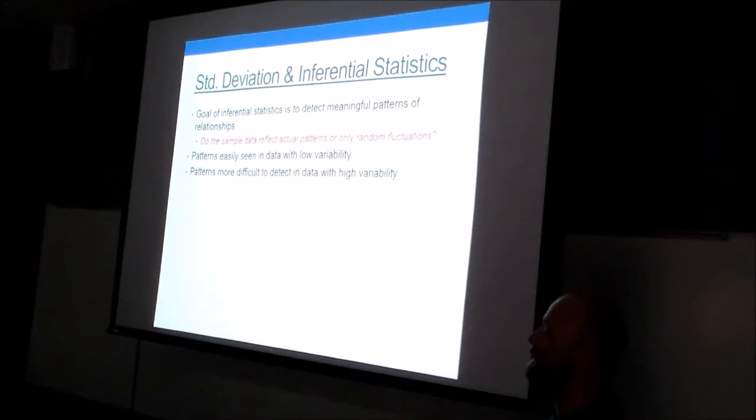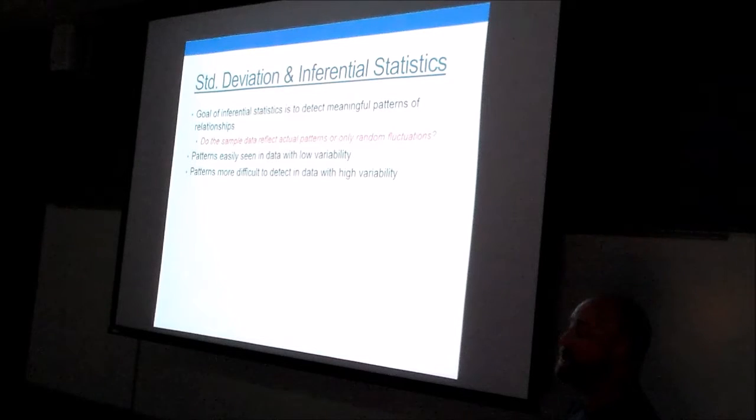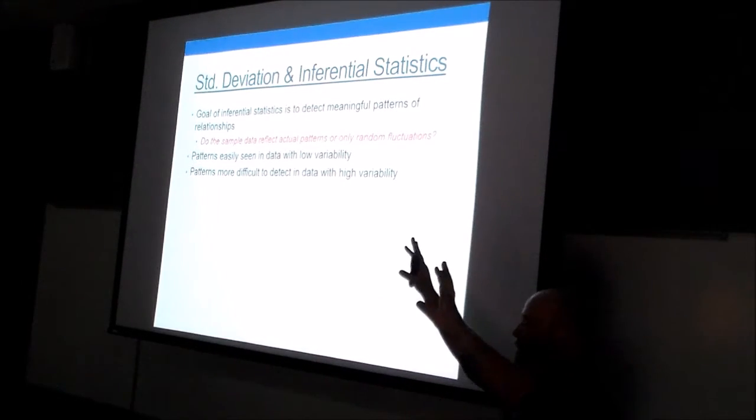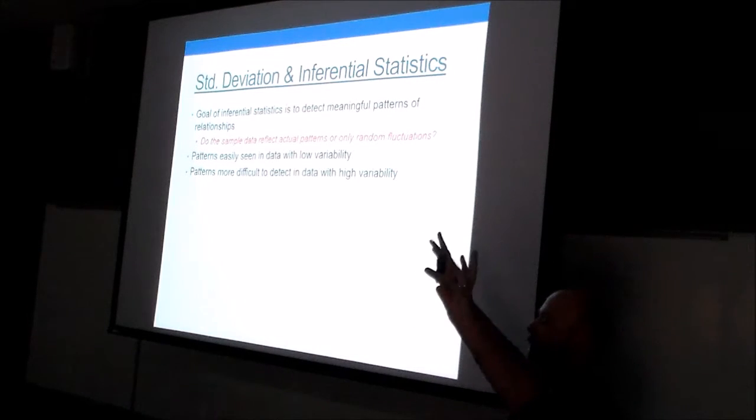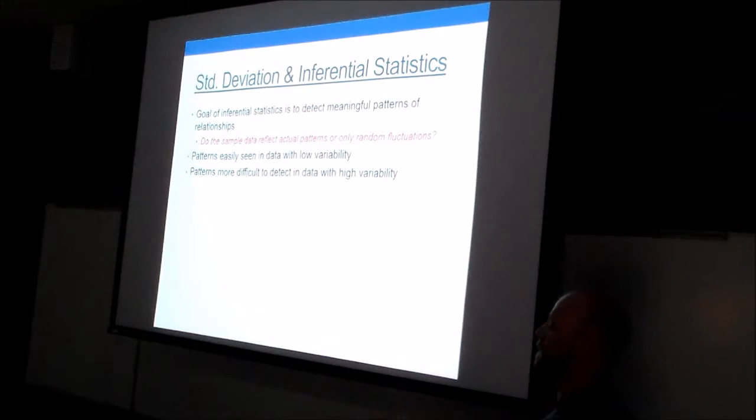But the question is, if I see a difference between these two groups, is this a function of actual differences in the respective populations, or is it just random fluctuations in data, right? So I've got two populations, population A, population B, and I pull a sample from each.